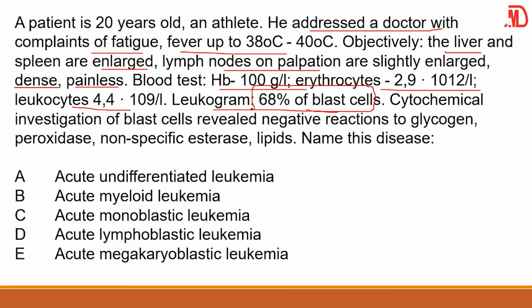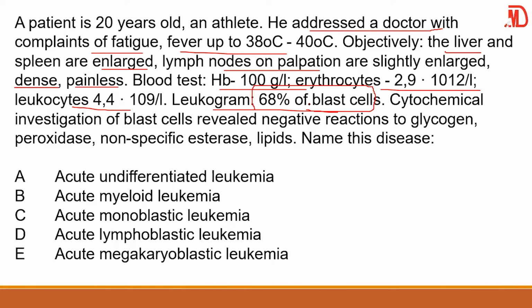So if you have a leukogram with 68% of blasts, now don't forget, blast cells are more or less like undifferentiated cells. I mean, they've not matured. They are immature cells. That's what blast means.